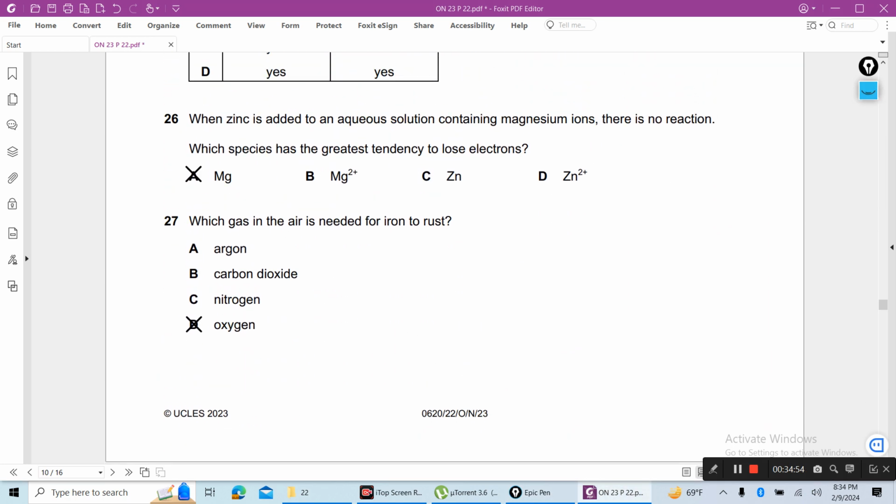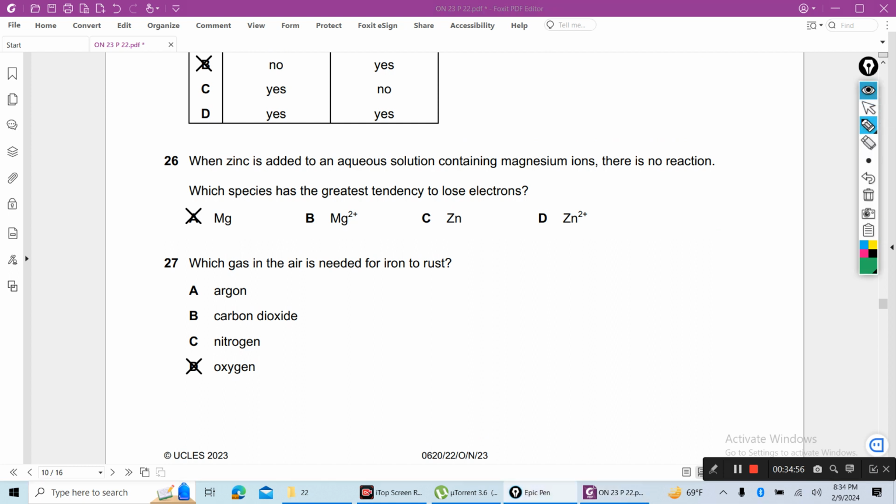Now next question. When zinc is added to an aqueous solution containing magnesium ions, there is no reaction. Which species has the greatest tendency to lose electrons? Magnesium.